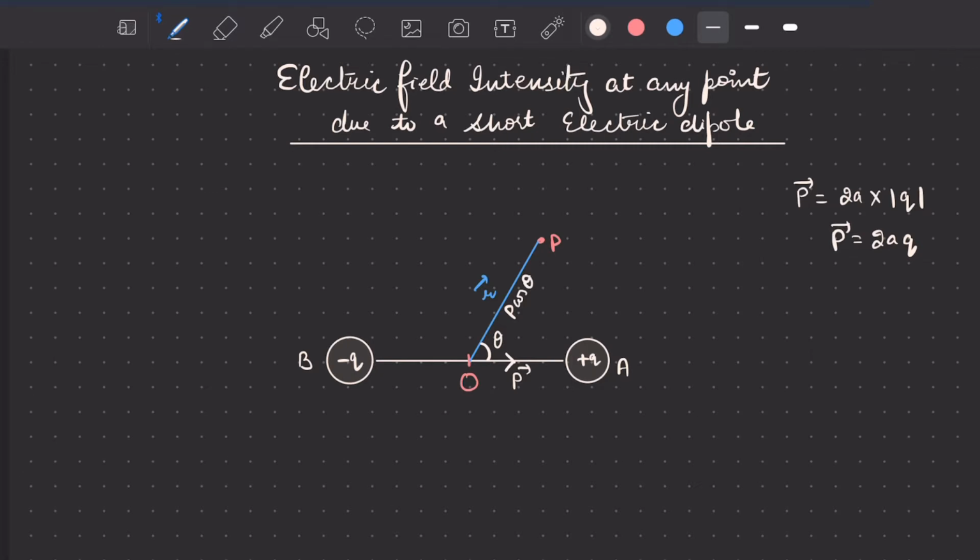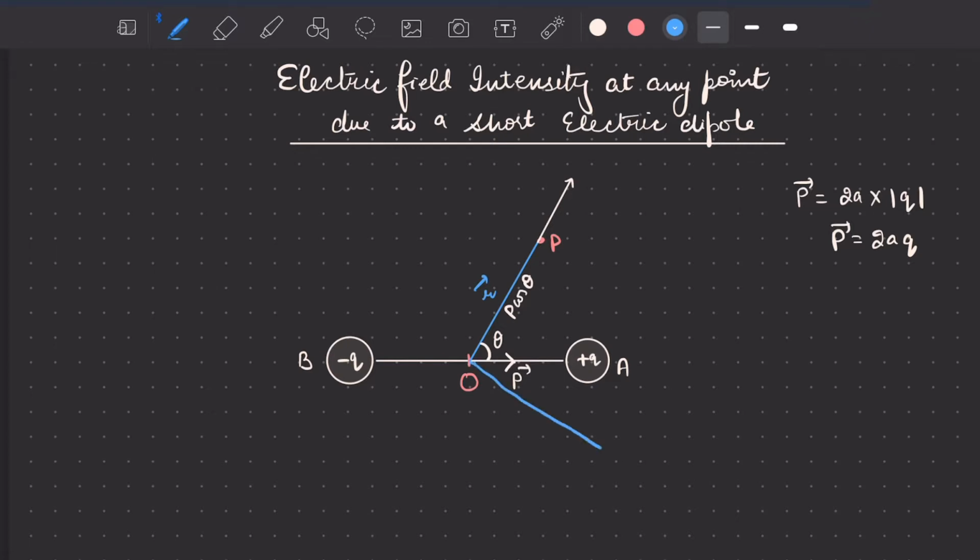And I just want to extend this line further because this point of observation P is lying on the axial line of the rectangular component p cos theta. But I also need to find its other rectangular component, that is p sin theta, and in order to find the component p sin theta, I have to make a perpendicular line to p cos theta.